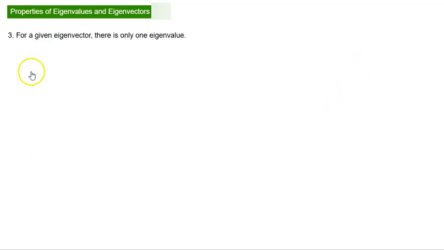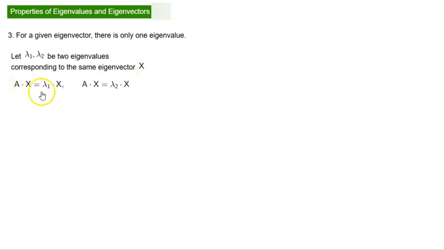Now the third one. For a given eigenvector, there is only one eigenvalue. So let's see. Let lambda 1 and lambda 2 be two eigenvalues corresponding to the same eigenvector x. Which means A times x is equal to lambda 1 times x and A times x is equal to lambda 2 times x.